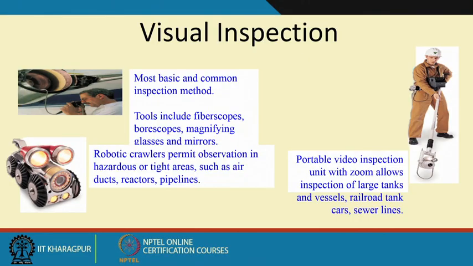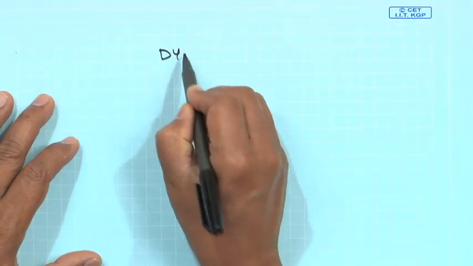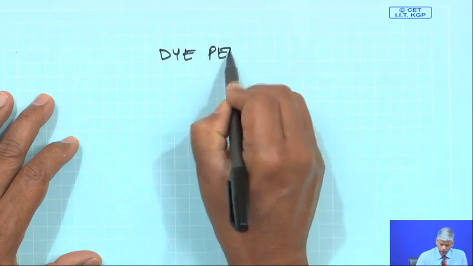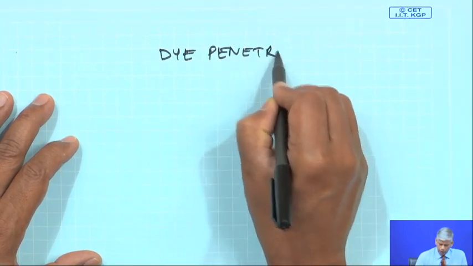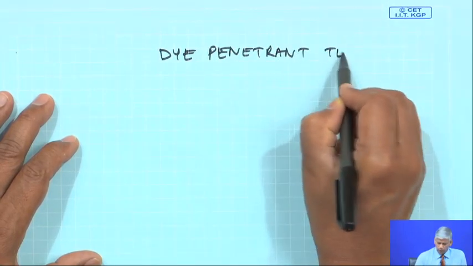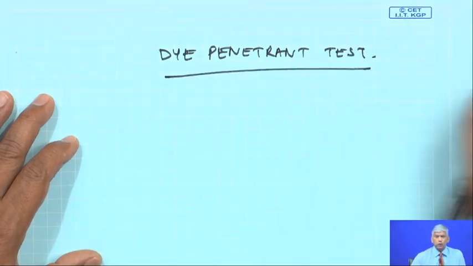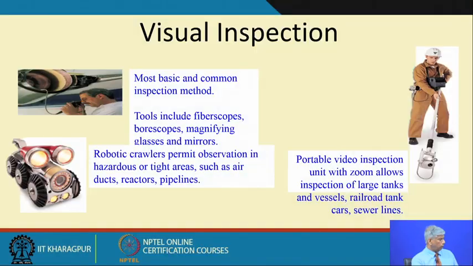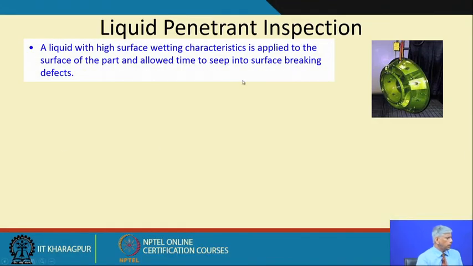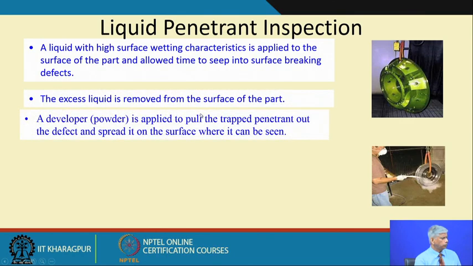So, visual inspection has given way to other methods. Your dye penetrant test is another way to very quickly check in a production facility whether a surface crack has occurred or not. Let me tell you the entire process here.